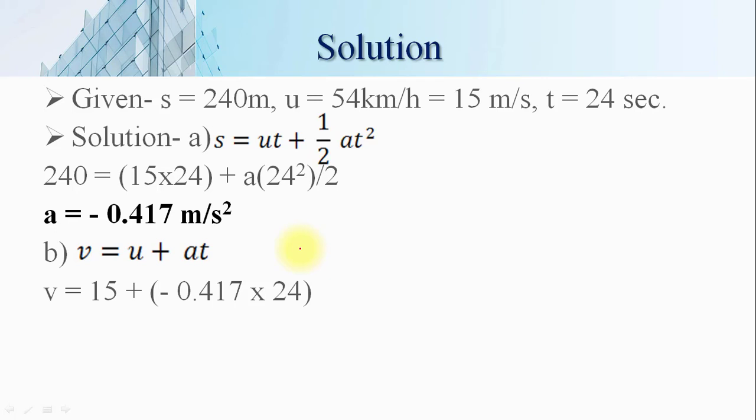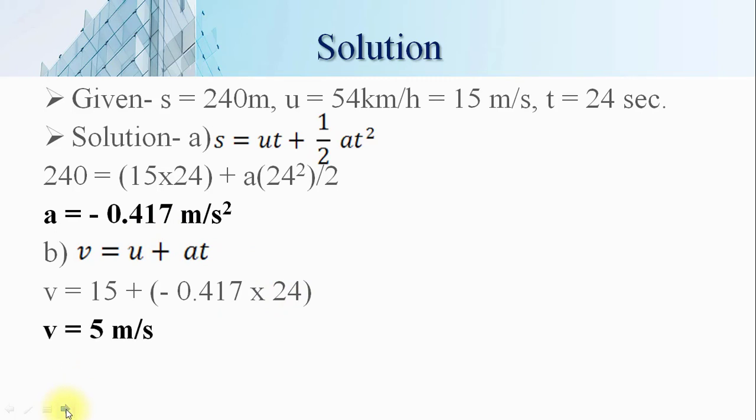But here I have used the equation v is equal to u plus at. So in this again put u is equal to 15, a is equal to minus 0.417, which is obtained from the first equation, and t is equal to 24. There we get the velocity, that is 5 meters per second.